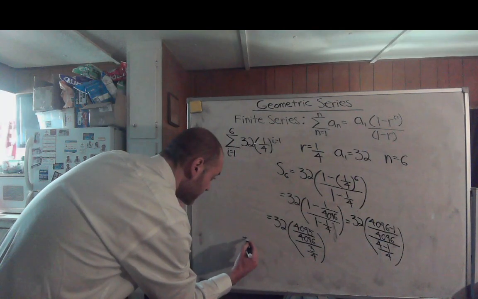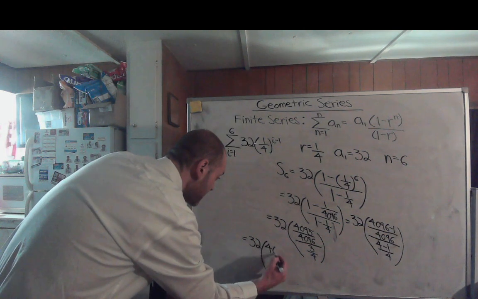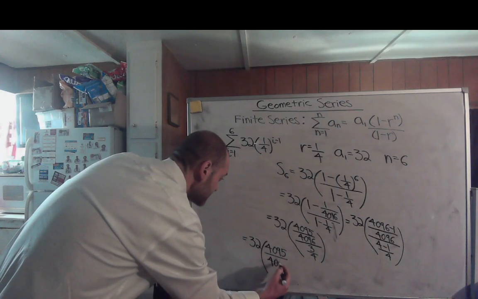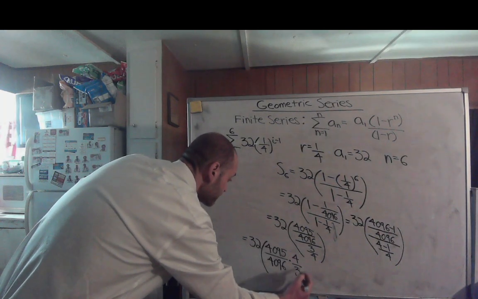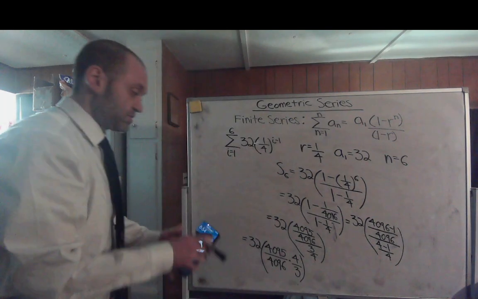I'll write that over here. That's going to equal 32 times 4095 all over 4096 times 4/3. And I definitely think the 3's and 4's are going to cancel out.